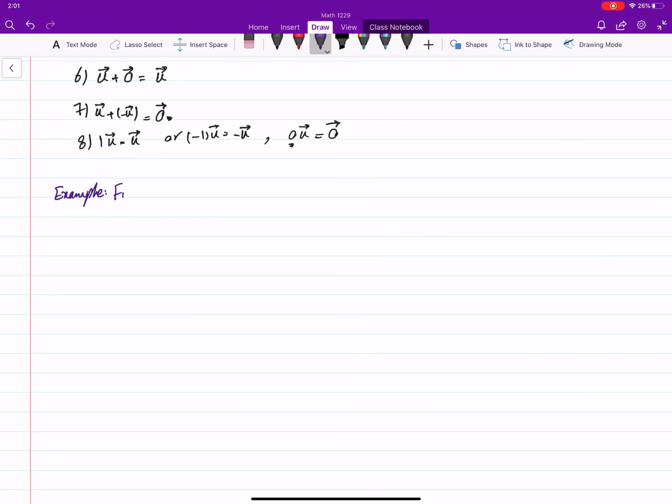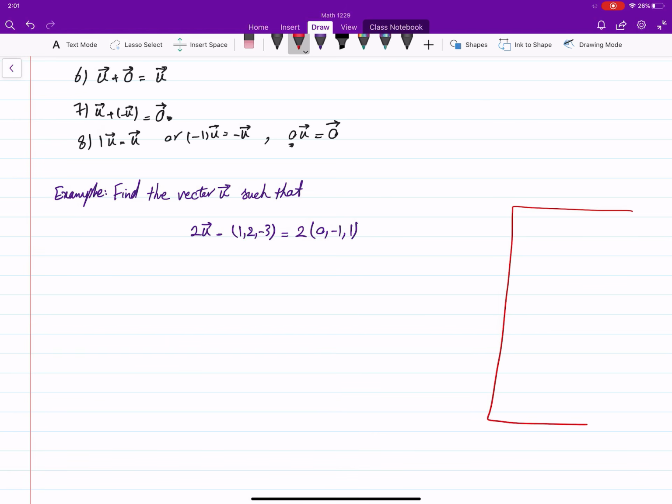So find a vector u such that 2 times u minus (1, 0, -3) equals 2 times (0, -1, 1). Very quick example, let me write here.